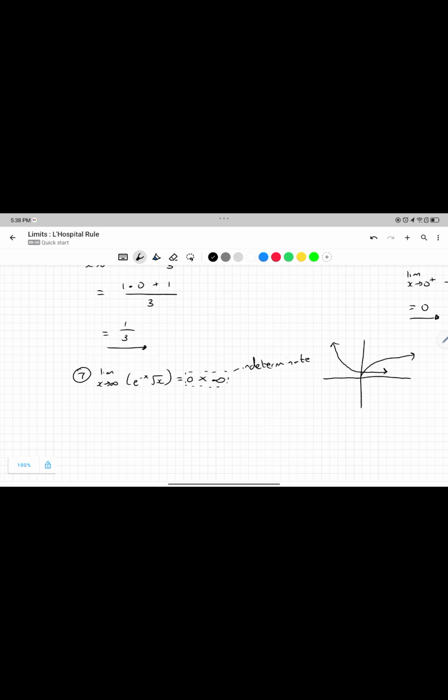So what we have to do is form a quotient and then use L'Hopital's rule. So let's form a quotient. And remember, if the quotient gives you a lot of work, cancel that. Wait. Be careful what you say.